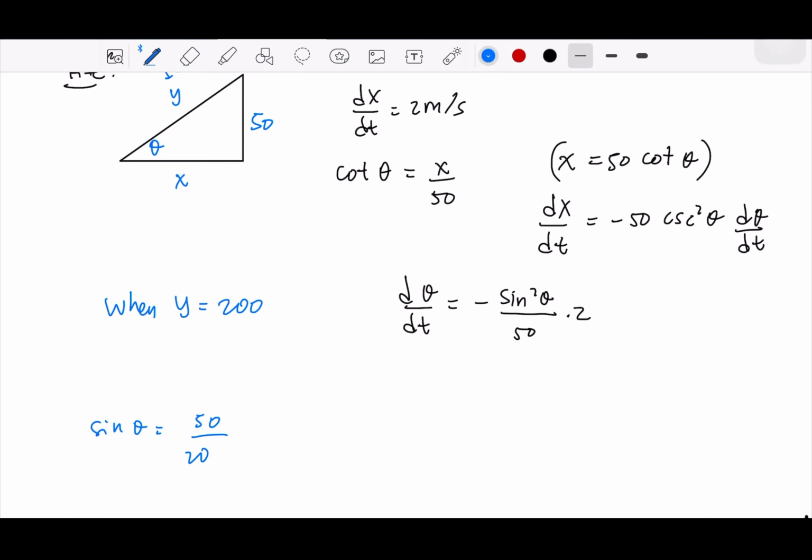So 50 over 200, this will be 1 over 4. So this will be negative 1 over 8. So it should be 1 over 200. So there is no answer, right? I think there are no options, right? So I will give points to all people.